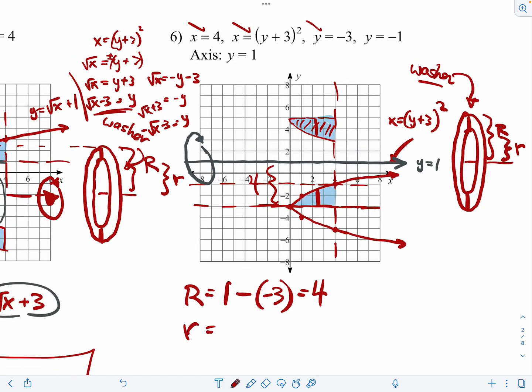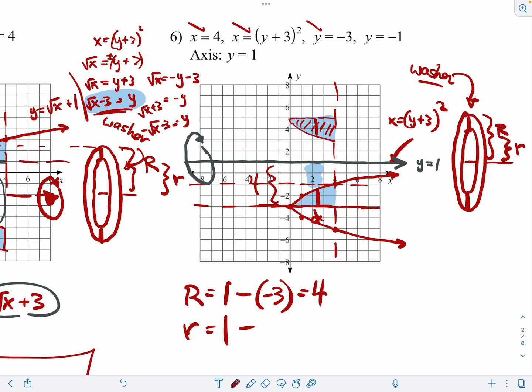Small radius now is also going to be 1, our axis, minus, we take away this space. That space needs to be in terms of x, so it is radical x minus 3.